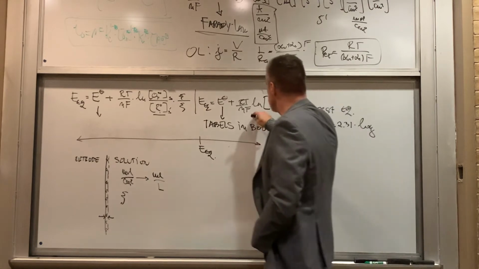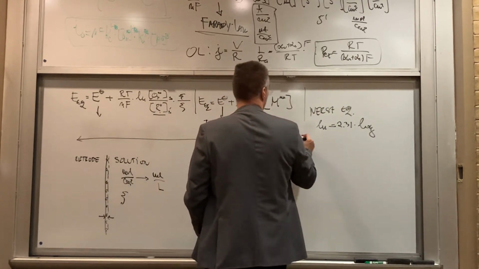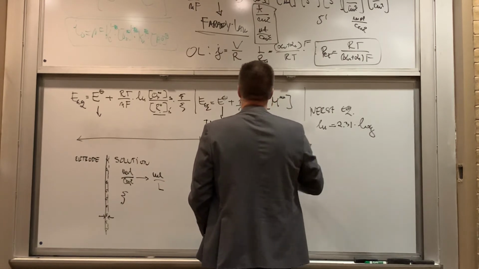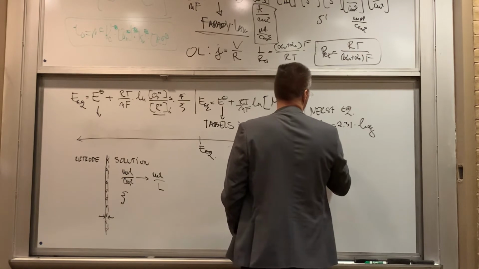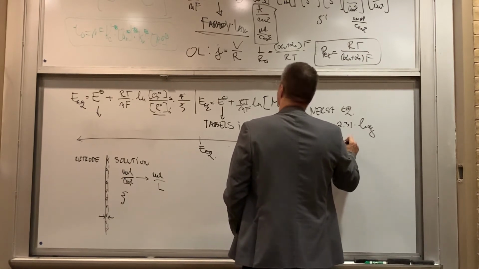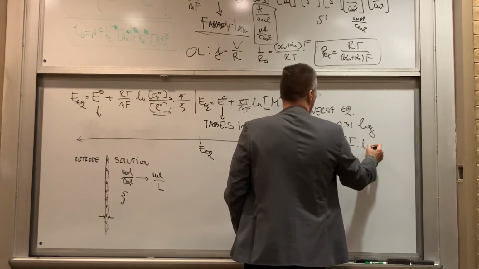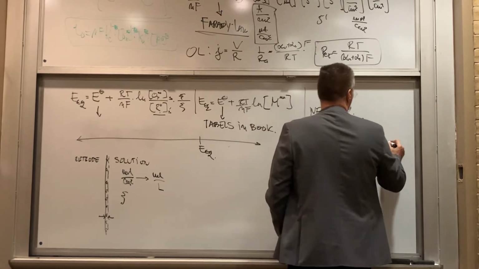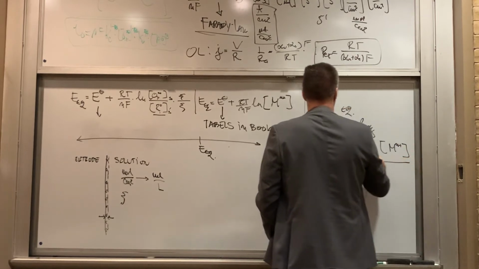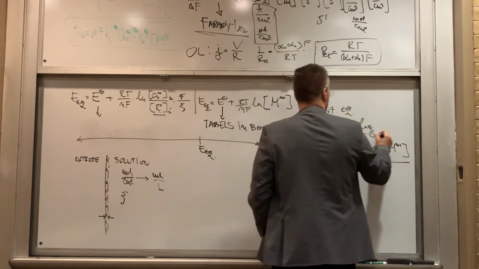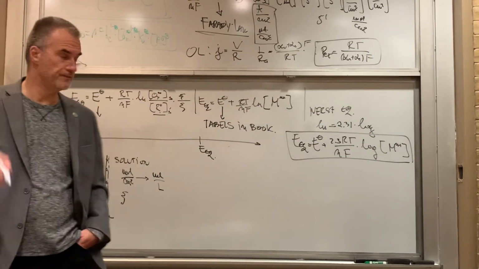So if I replace this here, I'm going to write that the equilibrium potential is equal to the equilibrium potential at standard conditions plus 2.3 RT over nF, times the logarithm of the metal ion concentration. And this is the typical form of the Nernst equation we are going to use now.